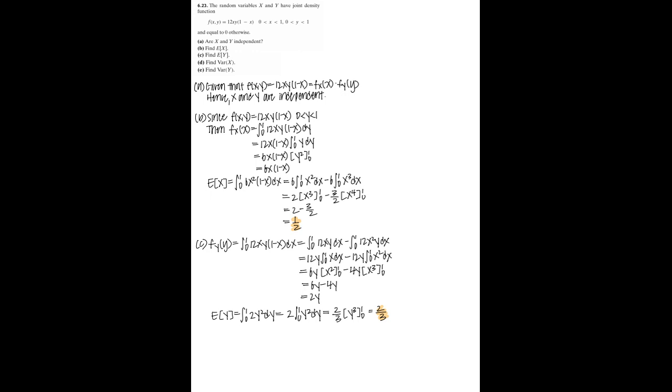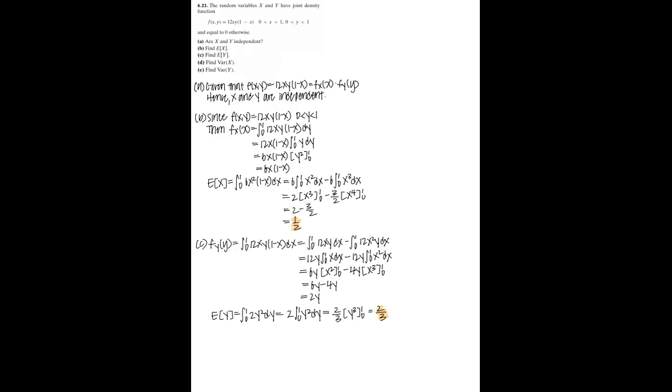Great. Okay, good. There's also another part, D and E. Oh, okay. So D asks us to find the variance of x. So the variance of x equals E of x squared minus E of x, squared.